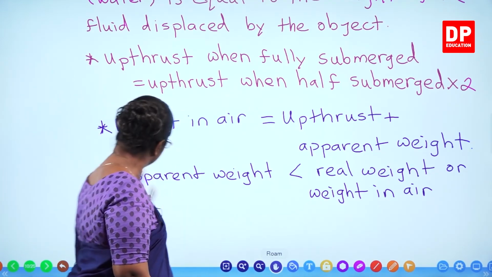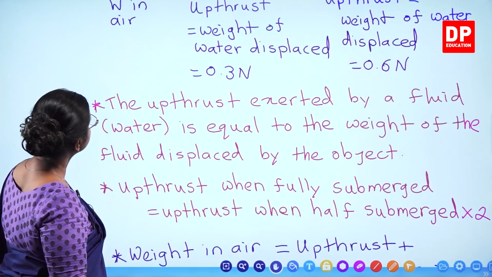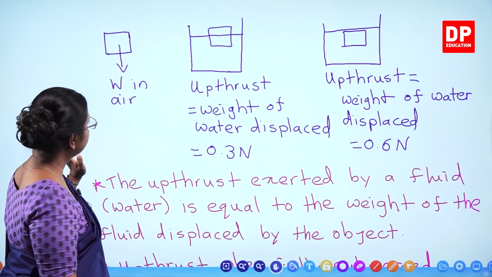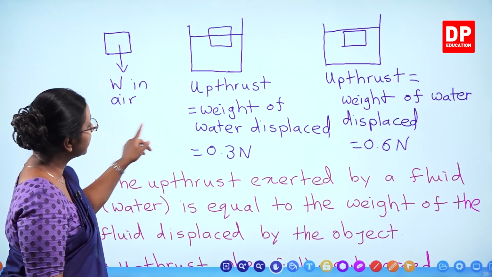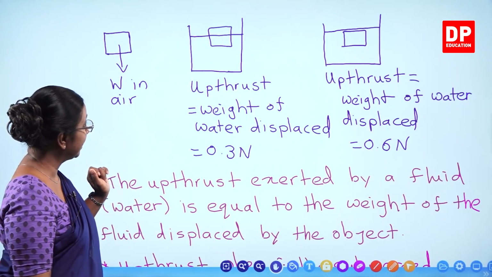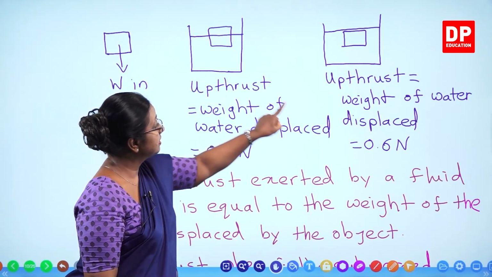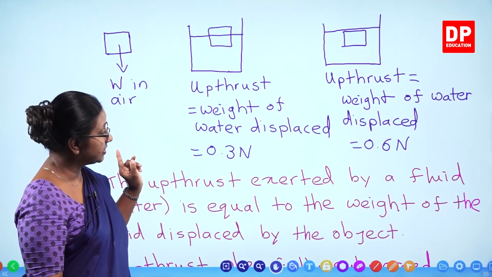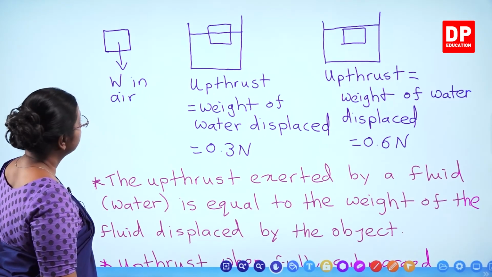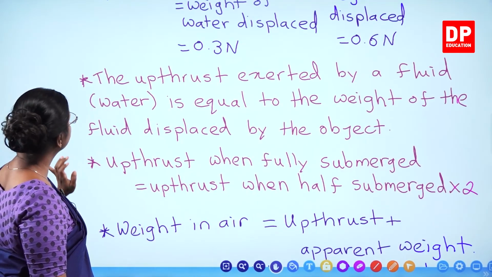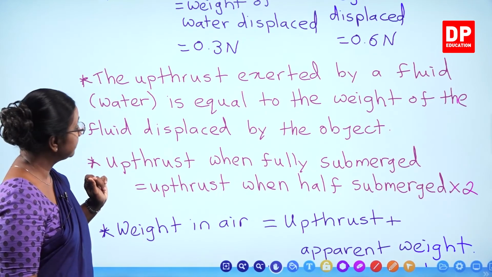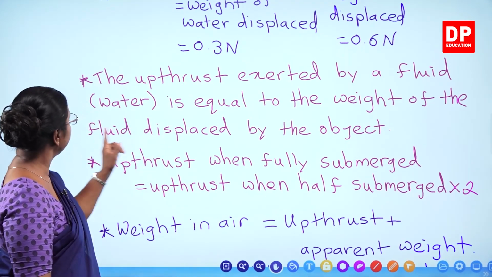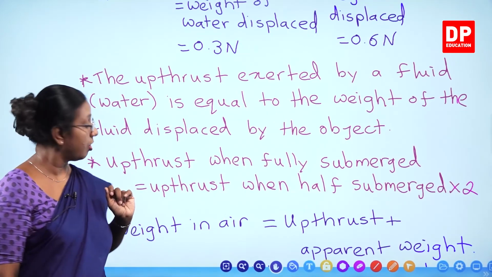So if I go back, this is what we understood. Weight of the object in air, then we saw the upthrust was equal to the weight of water displaced, partially immersed, then fully immersed. Again the upthrust was equal to the weight of water displaced. So from those, we were able to come to this conclusion: the upthrust exerted by a fluid, that is water in this instance, is equal to the weight of the fluid displaced by the object.